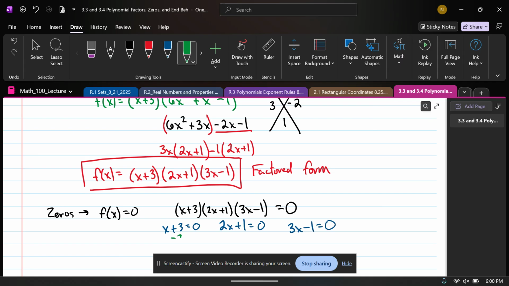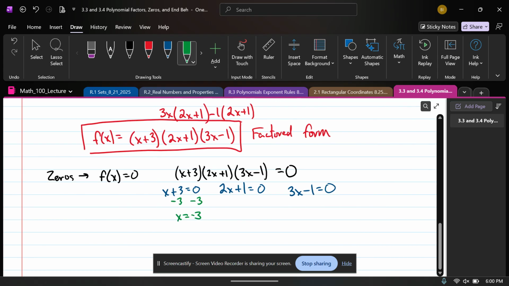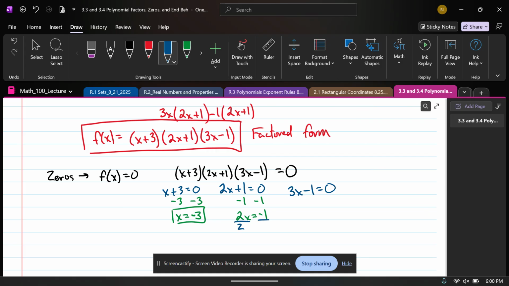So subtract 3. That's going to be x equals negative 3. Subtract 1. 2x is equal to negative 1. I'm going to divide by 2. X is negative 1/2. The last one, I'm going to add 1.